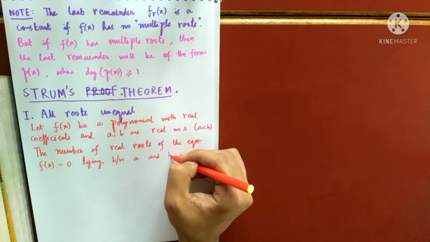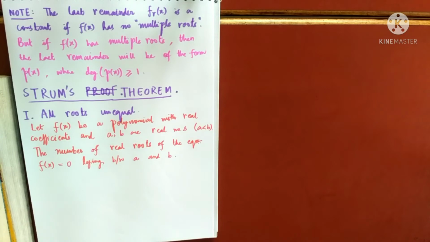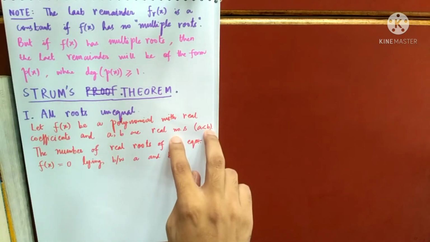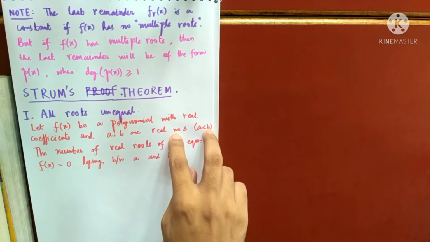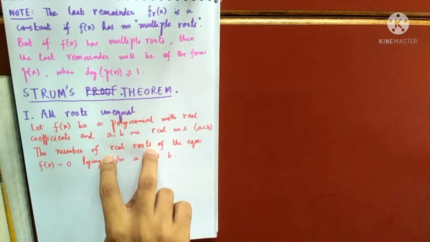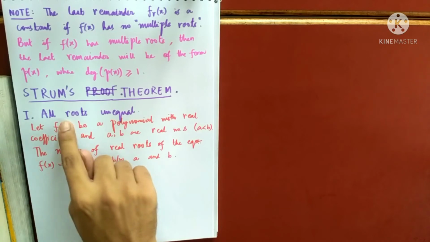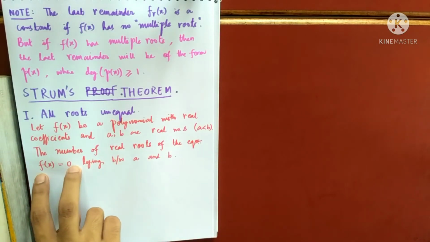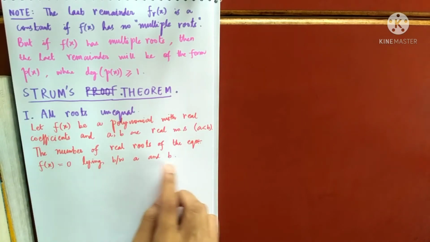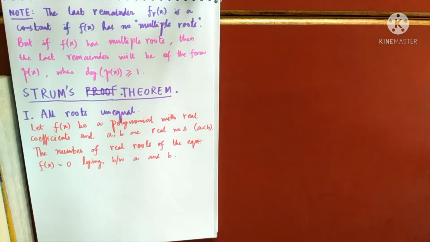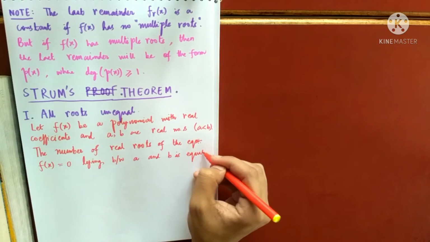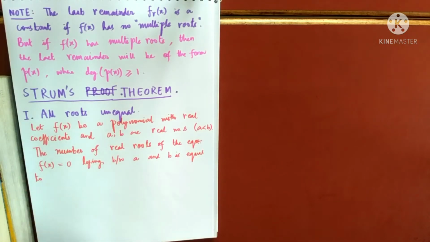So you see what I have done. I have some algebraic equation or some polynomial, and I have given you some interval, and I want to know in that interval how many real roots of this polynomial lie, right? So the number of real roots of this equation lying between a and b, Sturm's has given you the exact number.